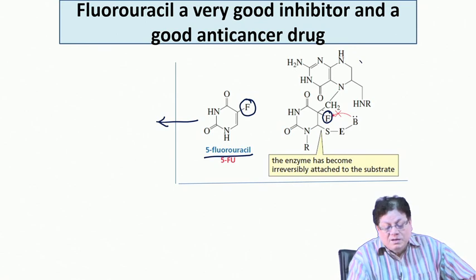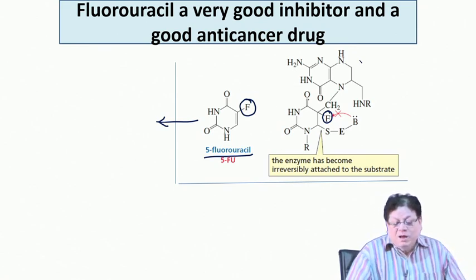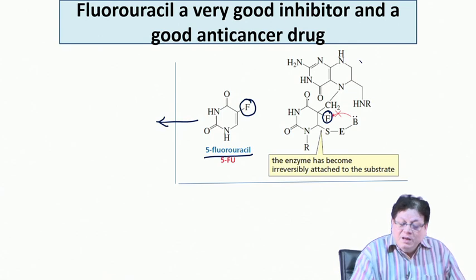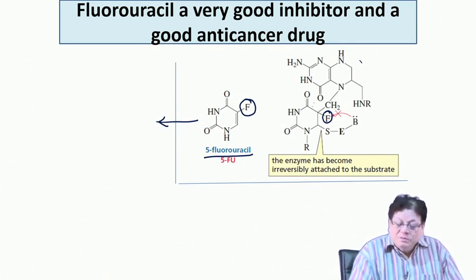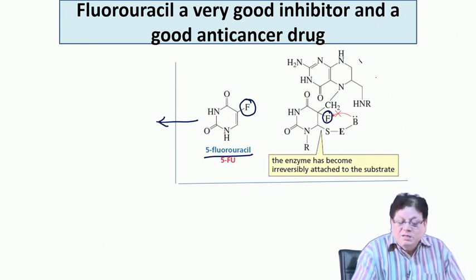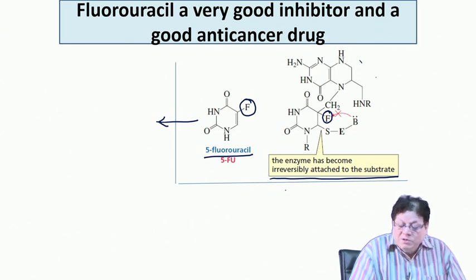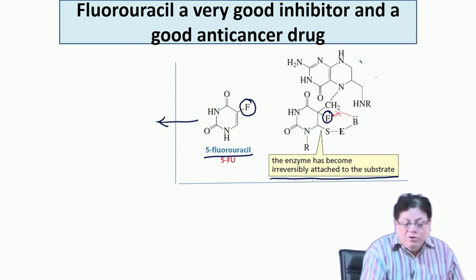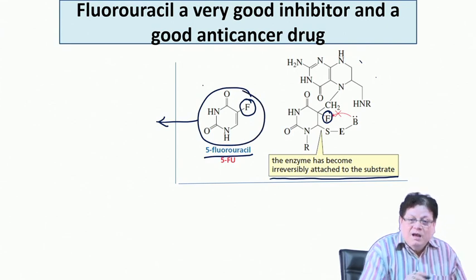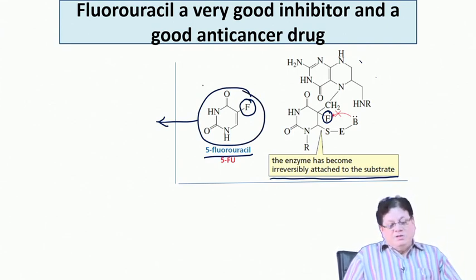The dihydrofolate is linked to this fluoro version of uracil via the methylene to the tetrahydrofolate. This is a stable species, and it is an example of irreversible inhibition of the enzyme. 5-fluorouracil is still used as a very good potent anti-cancer drug.